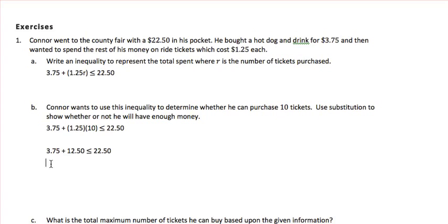And when we add those numbers together, we find that the total is 16.25. And we check to see if that's a true statement. Is $16.25 less than or equal to $22.50? And yes, it is. So he will have enough money to get 10 tickets.